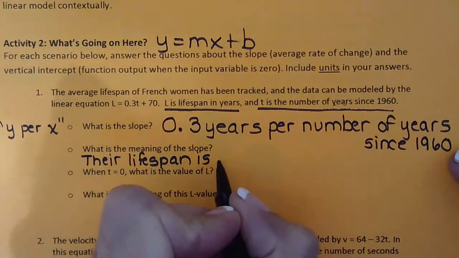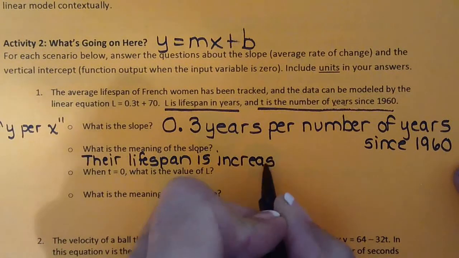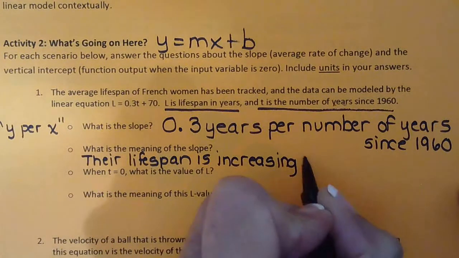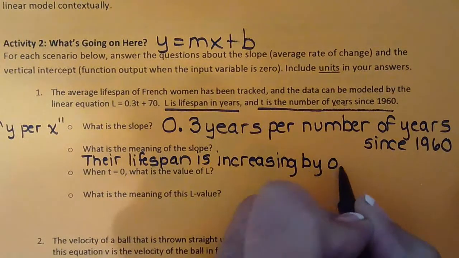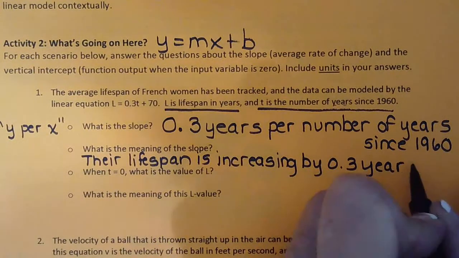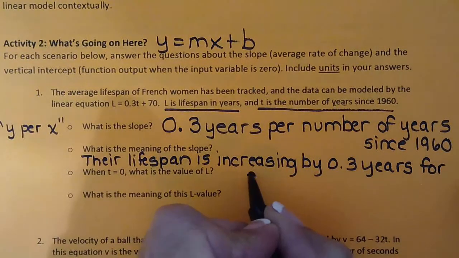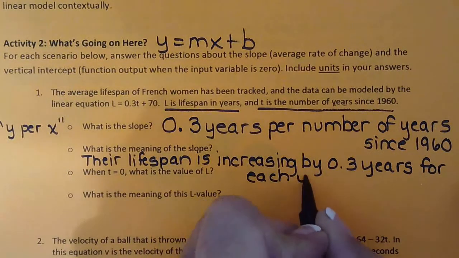So their lifespan is increasing by 0.3 years for each year after 1960.